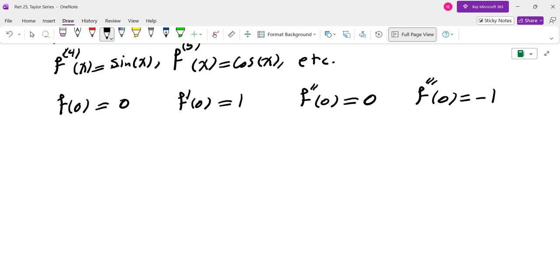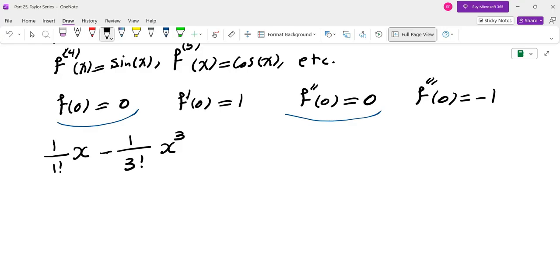The second term is 1 over 1 factorial x. The next term is negative 1 over 3 factorial x cubed. As you see, the even terms are all going to become 0. The next one would be 1 over 5 factorial x to the power of 5 minus 1 over 7 factorial x to the power of 7 plus minus etc.